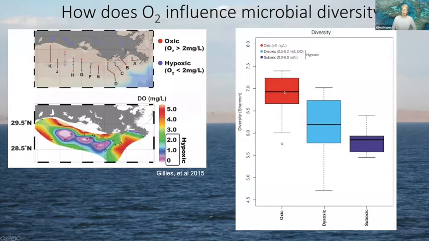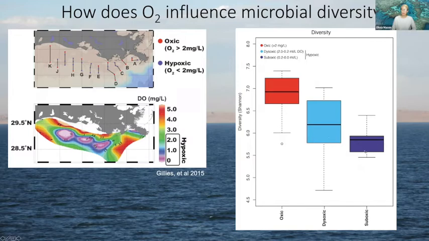Well, this is calculating a Shannon diversity index. And you can pretty clearly see here that when you have higher oxygen concentrations in the dead zone, you have the highest microbial diversity. Again, these are just samples from the water column. It's looking at the microbes that are there and calculating diversity. So the highest diversity is where you have the highest oxygen concentrations, and then your diversity starts to decrease with decreasing oxygen concentrations.